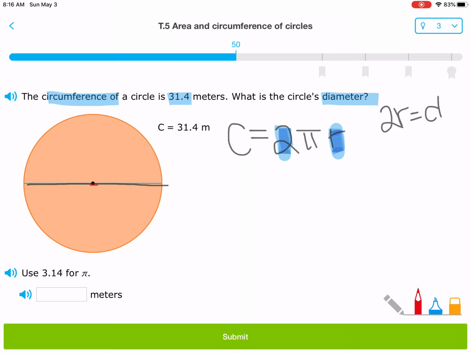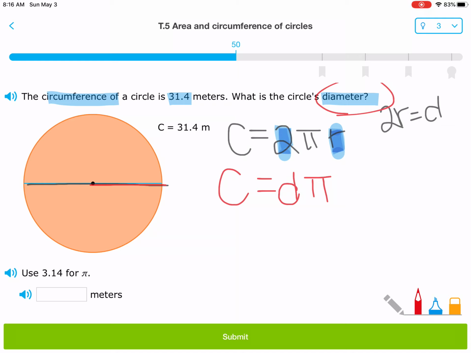And the radius only goes halfway. Okay, so I'm going to rewrite the formula. Circumference equals diameter times pi. Why am I rewriting it? Because it's asking for the diameter.